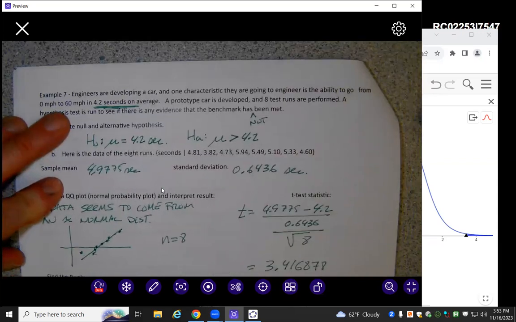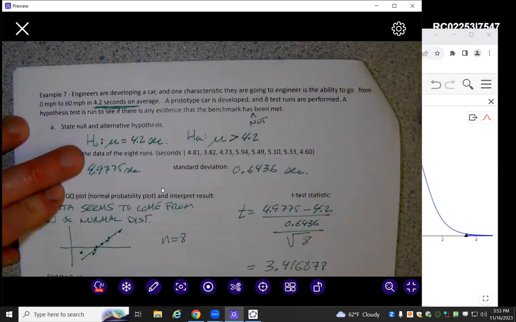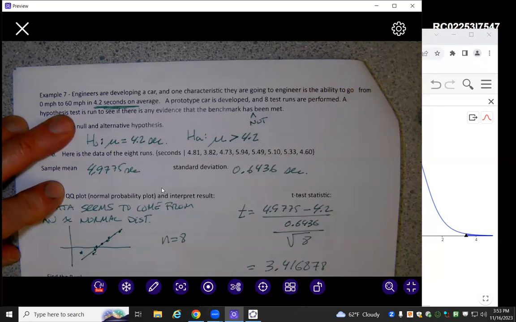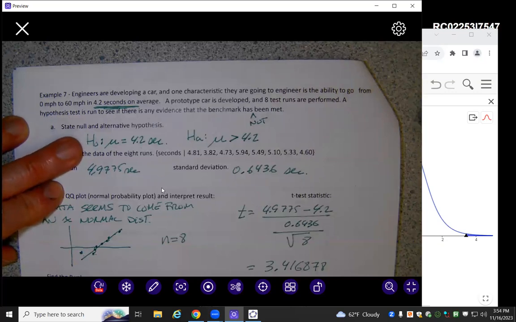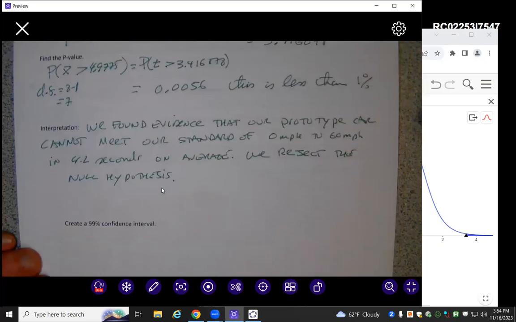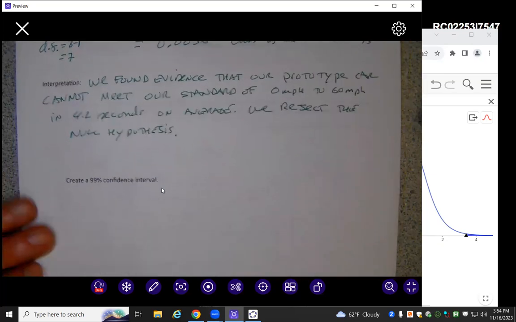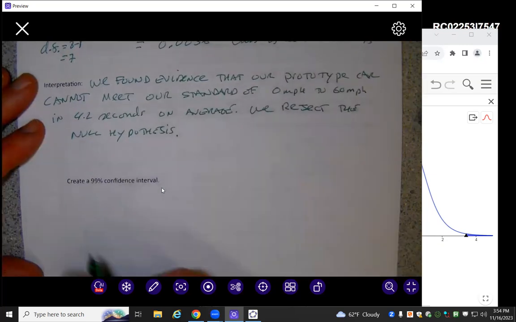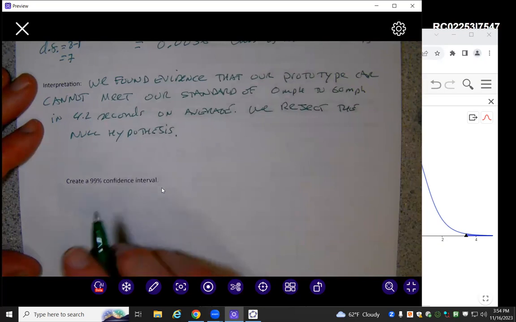We know our standard. We cannot set the null hypothesis as the standard. I mean, again, this is just illogical. It doesn't make sense to assume what you're trying to hopefully develop. So I'm using this as an example of what not to do, the reality of the situation. So instead, you should just do a confidence interval. That's it. We should have done this right from the start, not messed around.